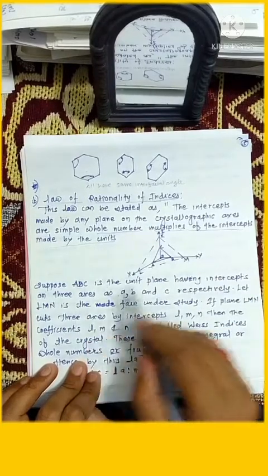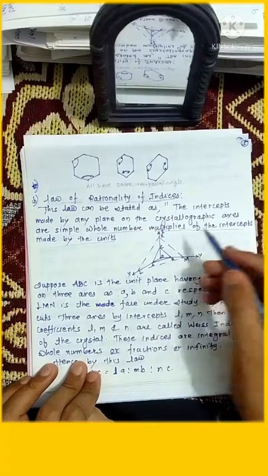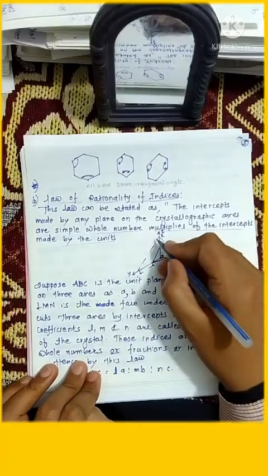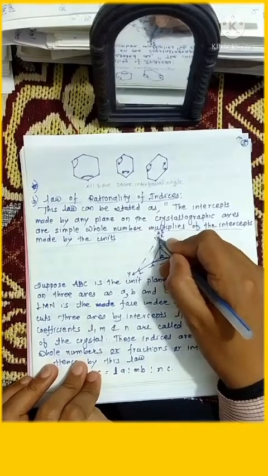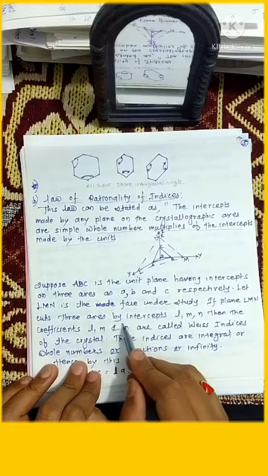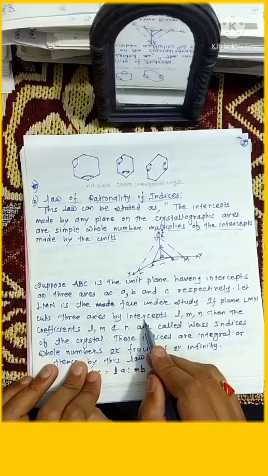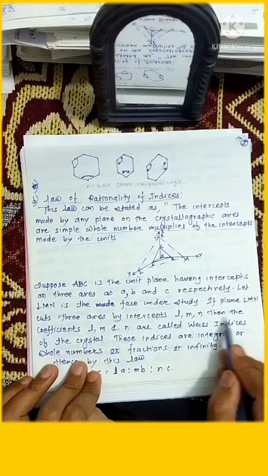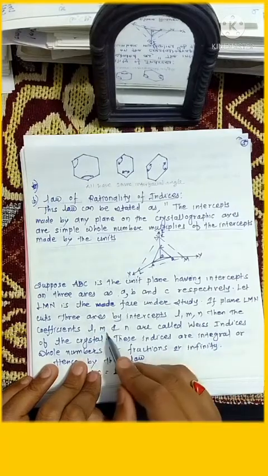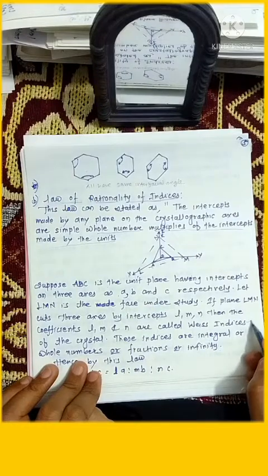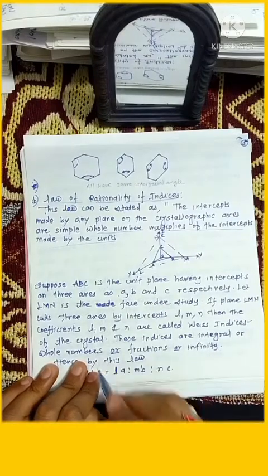Let L, M and N, so this is L, this is M and this is N, cut the three axes by intercepts LMN. Then coefficients L, M, N are called Weiss indices of the crystal.